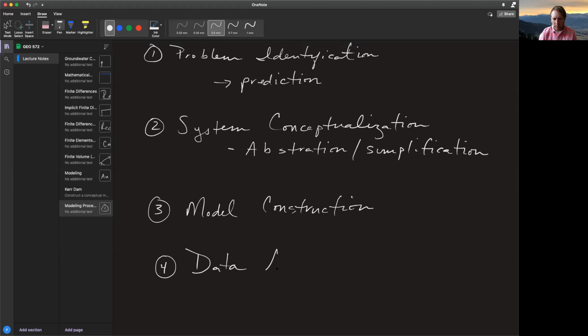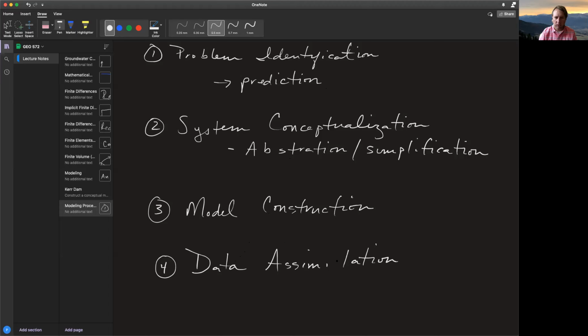The next step is data assimilation. You might say that this probably occurs along the entire spectrum. So we're assimilating data when we conceptualize it. We're assimilating data when we construct the model. But here, we mean it more specifically, and that is that, let's say we have a prediction of interest, say heads.